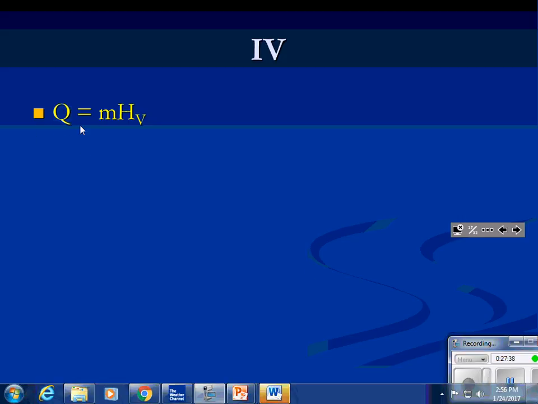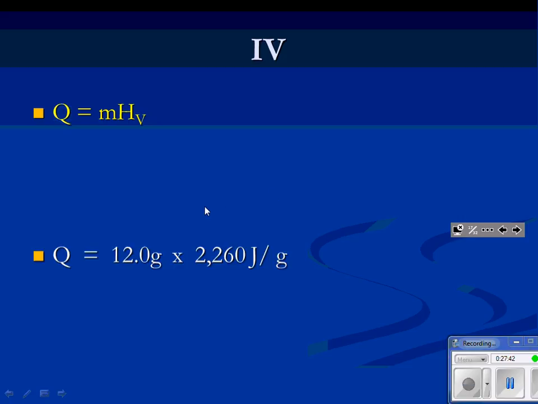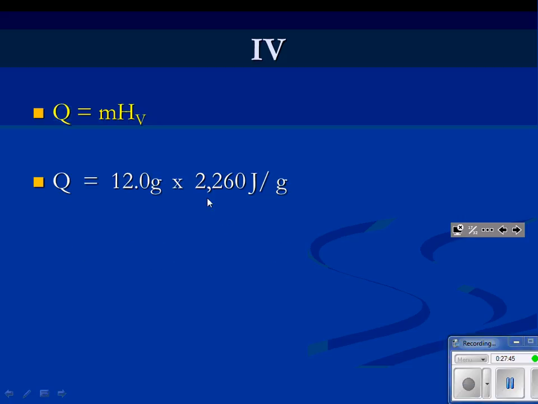So Q is equal to M H sub V. M was 12 grams. 2,260 joules per gram is the heat of vaporization based on my reference table. When I multiply those two together, I get 27,120 joules. So that's my energy for step 4.